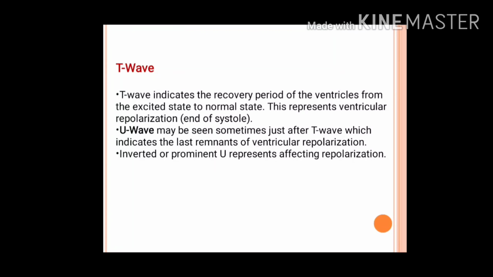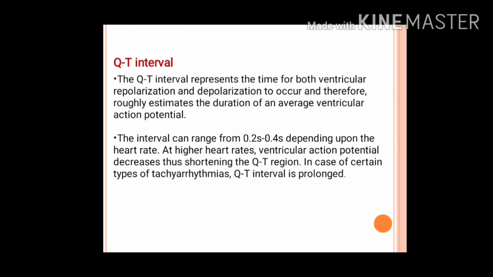That means end of systole, beginning of diastole. And at this stage, the atria were at diastole. A U wave may be seen sometimes just after the T wave, which indicates the last remnants of ventricular repolarization. An inverted or prominent U represents affected repolarization.